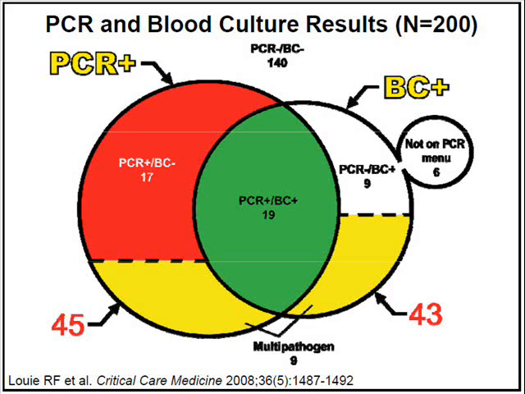We also observed 9 cases involving multiple pathogens detected by the 2 methods with a mixture of concordant and discrepant results. I want to turn your attention and highlight the 17 PCR positive, blood culture negative cases in red. Of these 17 cases, about half of these findings could be supported by other or subsequent culture results.